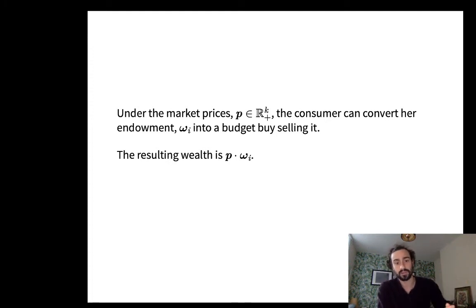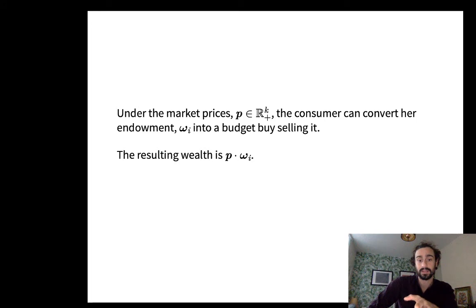You're given some artichokes, you sell them at the price of artichokes. You're given some bananas, you sell them at the price of bananas. You're given some cherry tomatoes, you sell them at the price of cherry tomatoes, and that just gives you a budget, and the budget is your wealth, right? It's the value of your endowment, and that's just the price vector times your endowment, right?